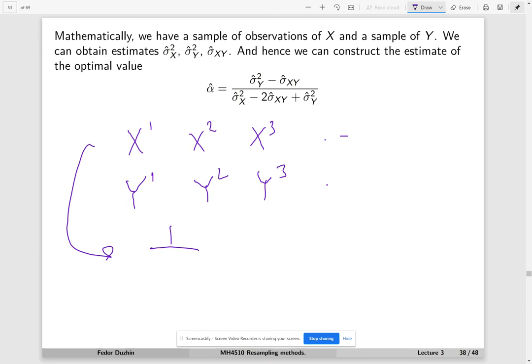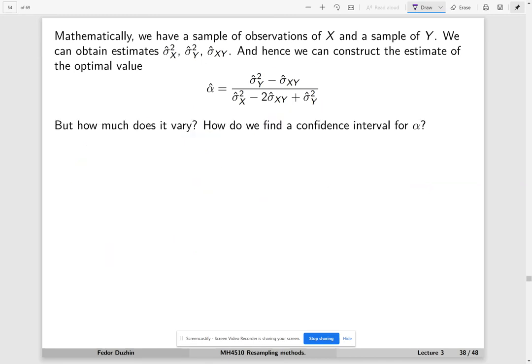Therefore we can find this optimal estimate for the optimal value. Even if we know that it is unbiased, and that this is probably the best we can do, how do we find the confidence interval for alpha?